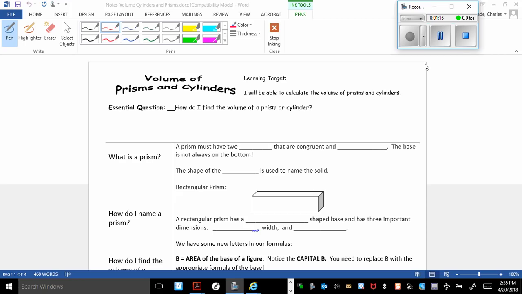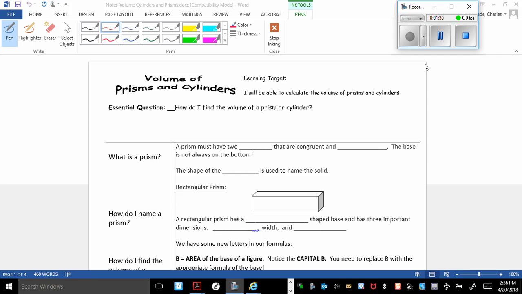So let's start off with the essential question: how do I find the volume of a prism and a cylinder? Volume is the amount of water or a liquid or a solid, something you're going to fill up a particular shape with. There's certain rules about a prism.